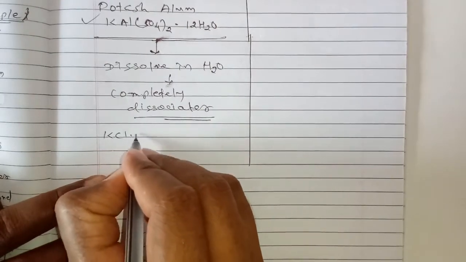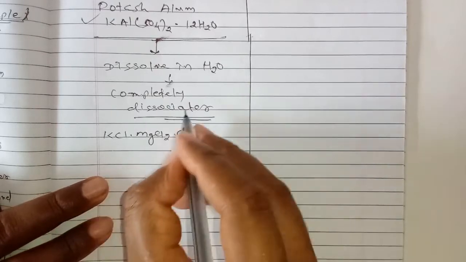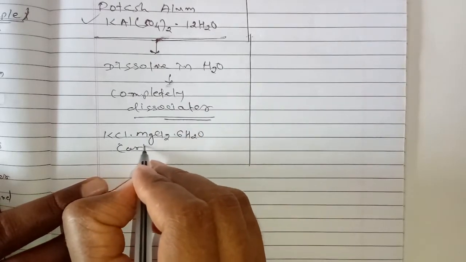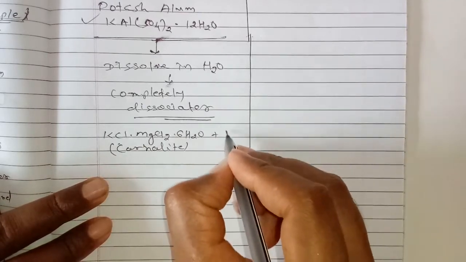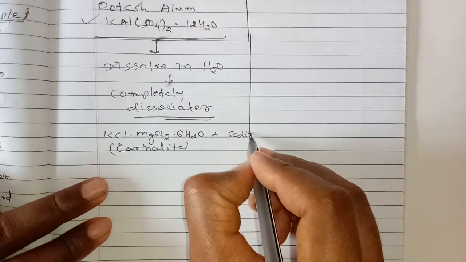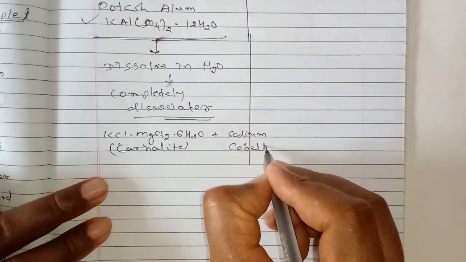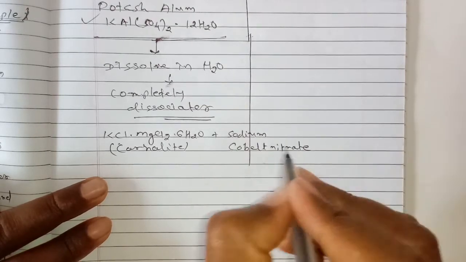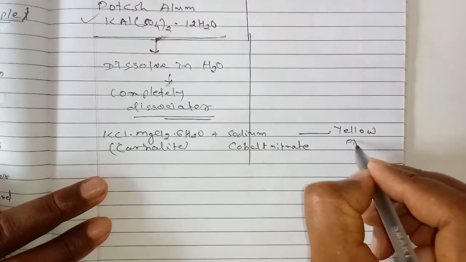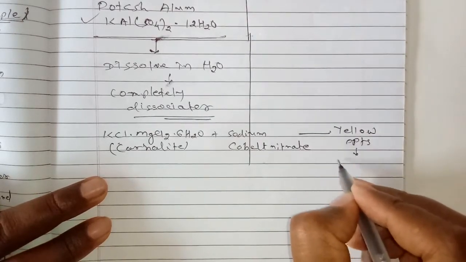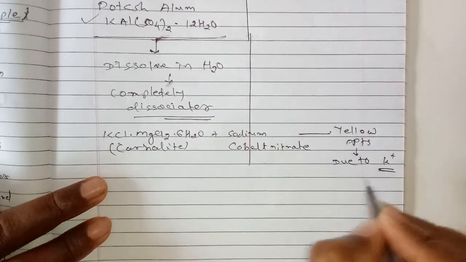Potassium chloride MgCl2 hexahydrate is carnallite, and it reacts with sodium cobaltinitrate and gives a yellow precipitate, and this yellow precipitate is due to potassium ions.